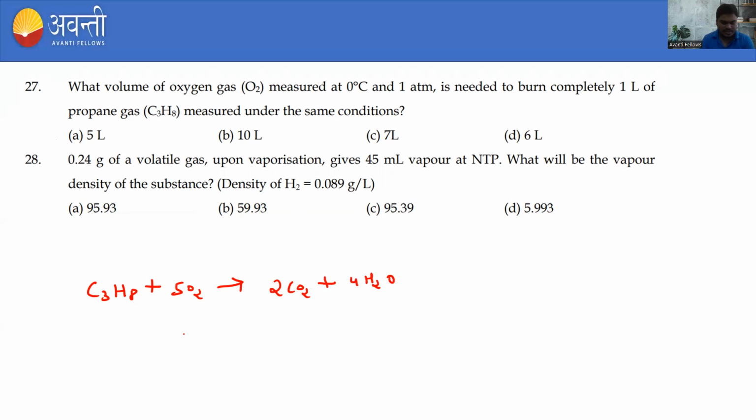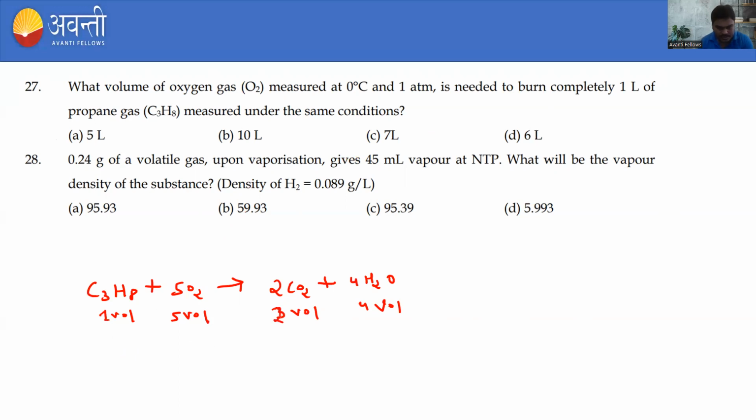Now their volumes are 1 volume, 5 volume, 3 volume, and 4 volume. So this is all. Now these values are given as 1 liter, 5 liter, 3 liter, and 4 liter.